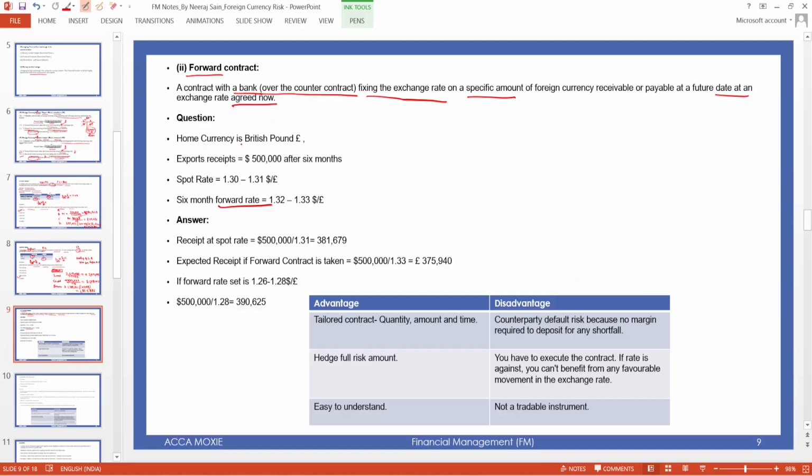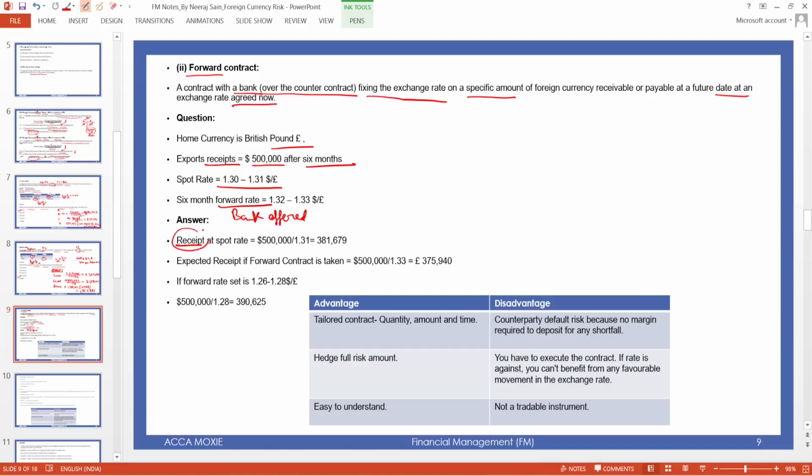The home currency is pound and we are going to receive 500 in 6 months. The spot rate is this, and the bank offered this rate, right? We are receiving, so which rate should we use?